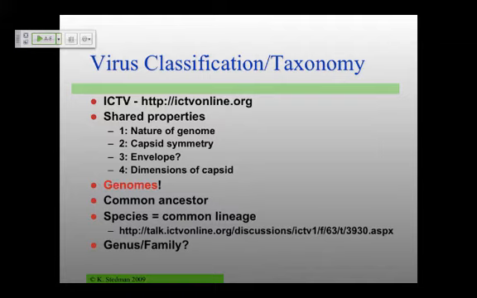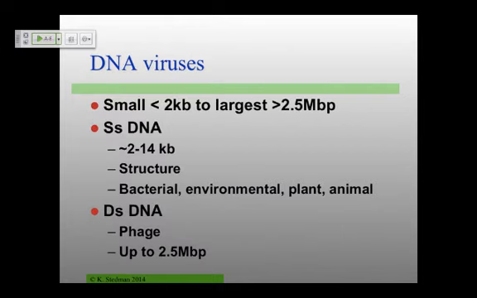As soon as you get beyond virus species, genus and family become really kind of a god-awful mess. And then beyond that, as far as I'm concerned, forget it. So let's just really briefly talk about some of these nature of genomes, and then we'll move on from there.